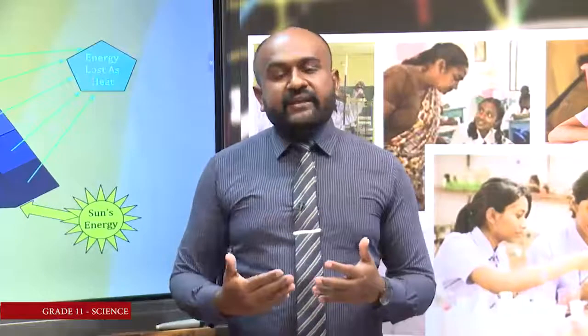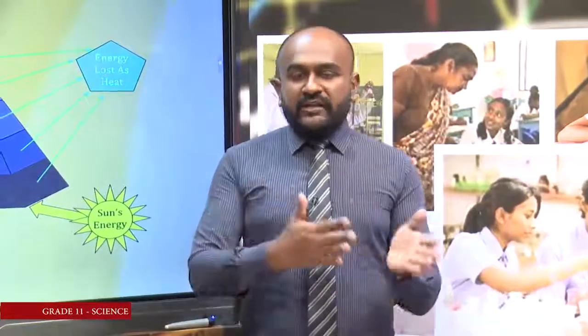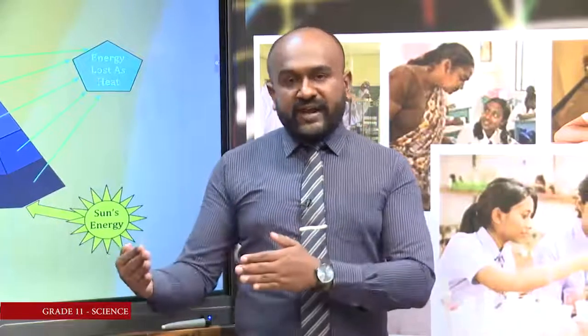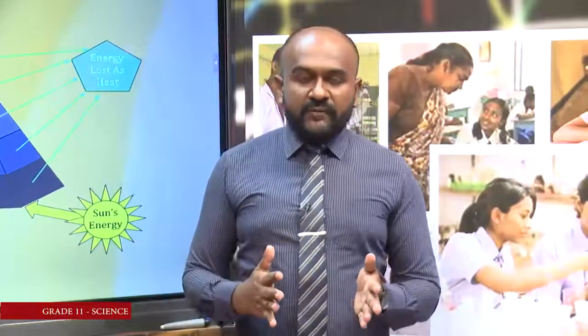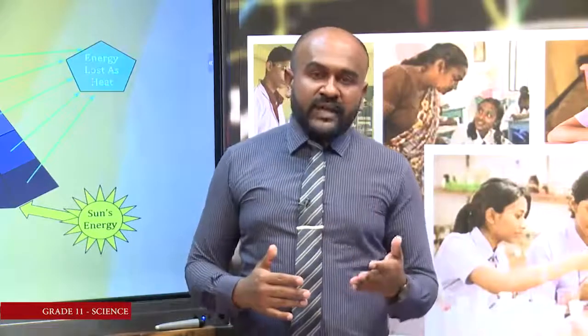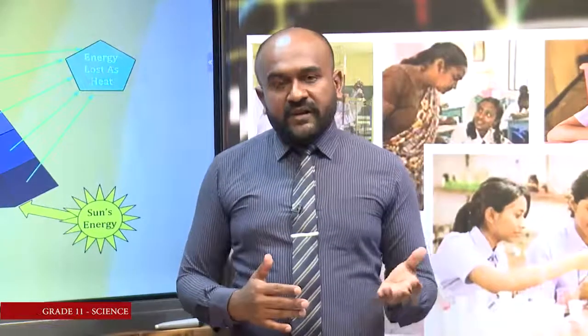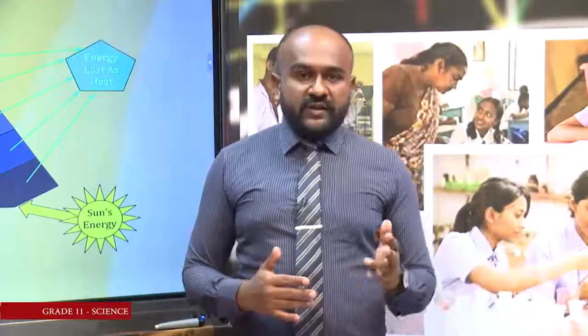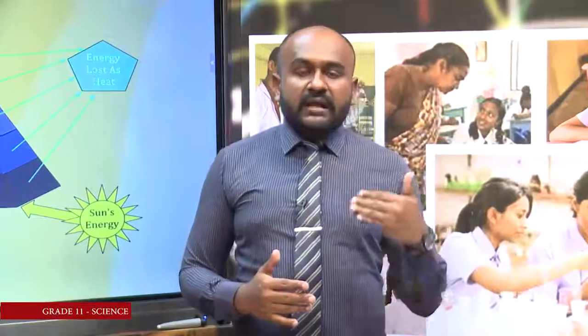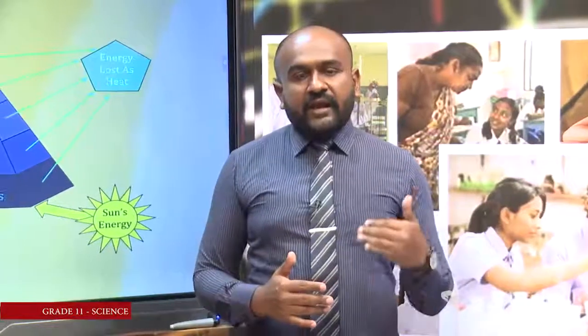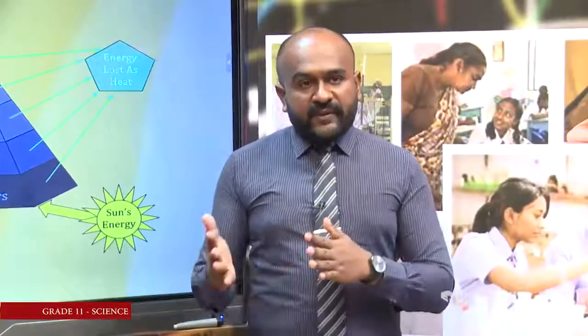When maintaining the equilibrium of ecosystem, energy flow and biogeochemical cycles play a very important role. To explain energy flow, we use food chains, food webs, and ecological pyramids. We talked about 3 ecological pyramids: number pyramid, biomass pyramid, and energy pyramid. So, these are the things we have learned.